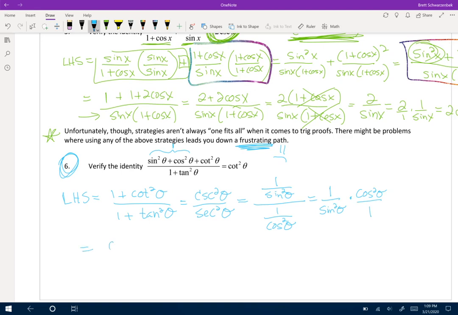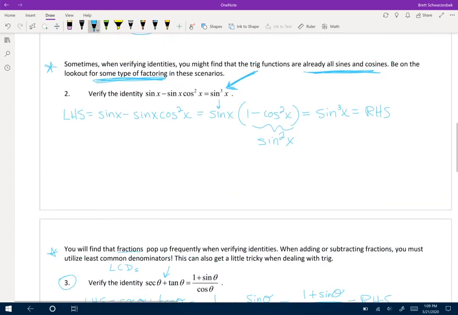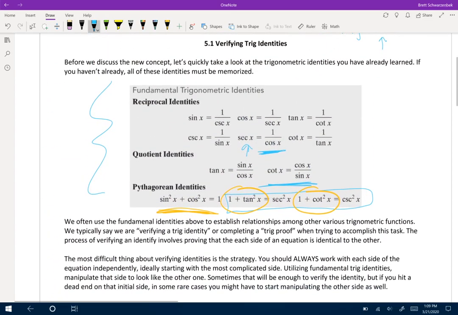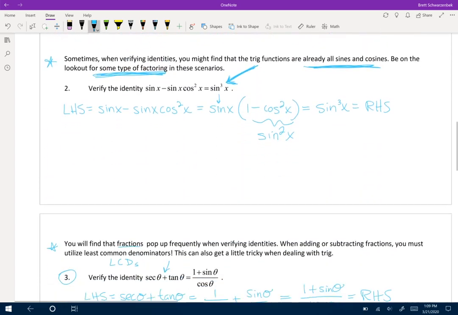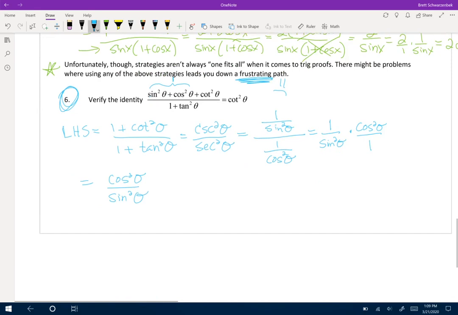If we multiply straight across, we get cosine squared over sine squared. Okay, returning to our formulas, we know that cosine over sine is cotangent, which means cosine squared over sine squared is going to be cotangent squared, which is going to be our right-hand side.